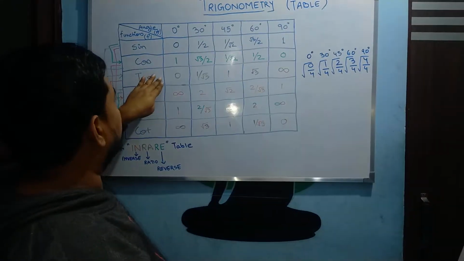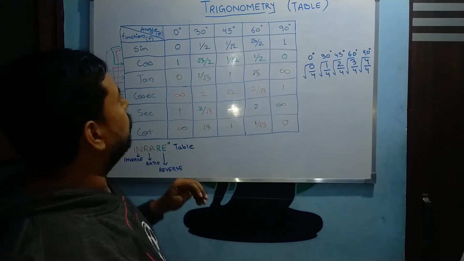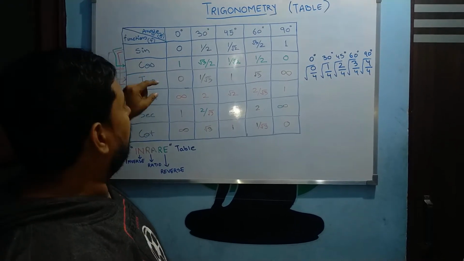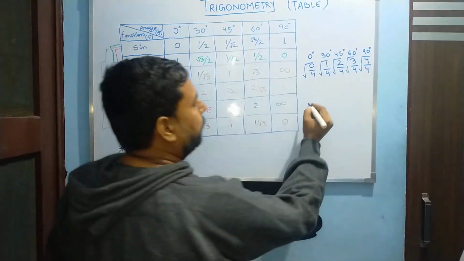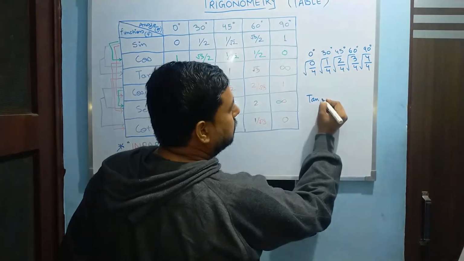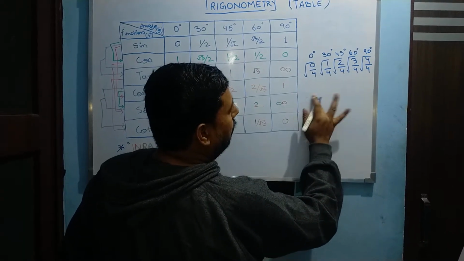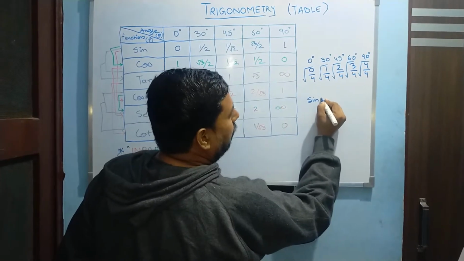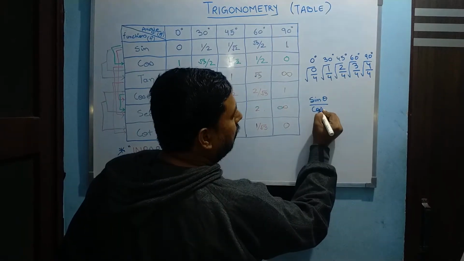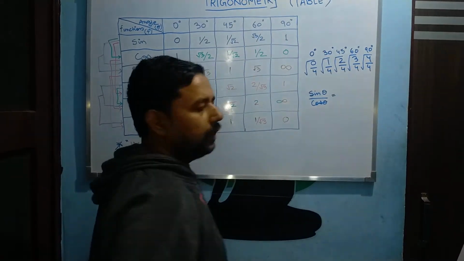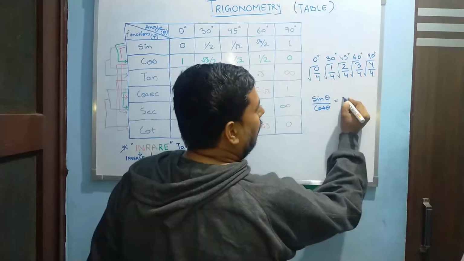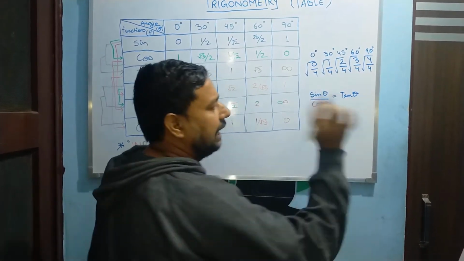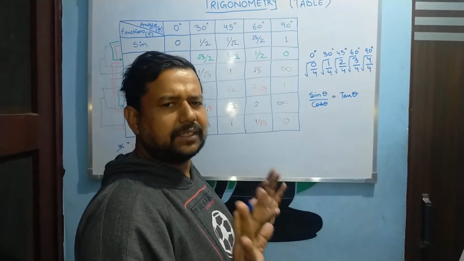Now tan theta. For the tan value, actually let me tell you what. You can see this, sine theta upon cos theta. Okay, I'll say that this is tan theta. Okay, just a simple thing.